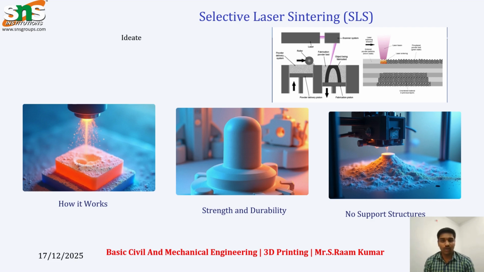Then the third is selective laser sintering. This is nothing but producing a product using metal powder. The main drawback of this system is the raw material, the metal powder. For producing a product, raw material in the form of a solid cylindrical structure can easily be heated beyond its melting point and suddenly cooled to develop a product.